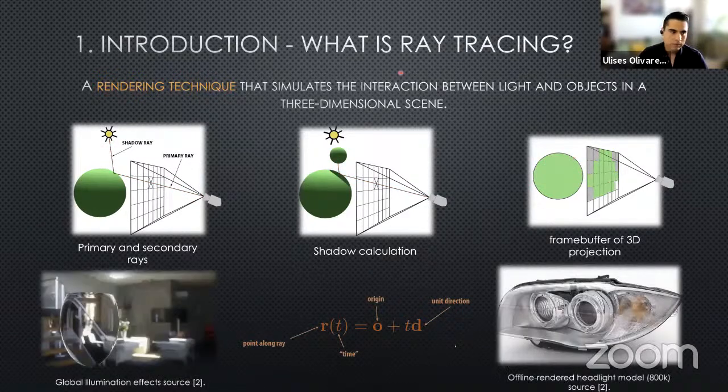And with this algorithm, we can produce a lot of images with high quality, as the one that we're seeing right now on our screen. We can achieve global illumination effects, and it could be achieved in a simple period of time. So we can achieve high quality models, with the effects that we're seeing right here, reflections and refractions of the light.